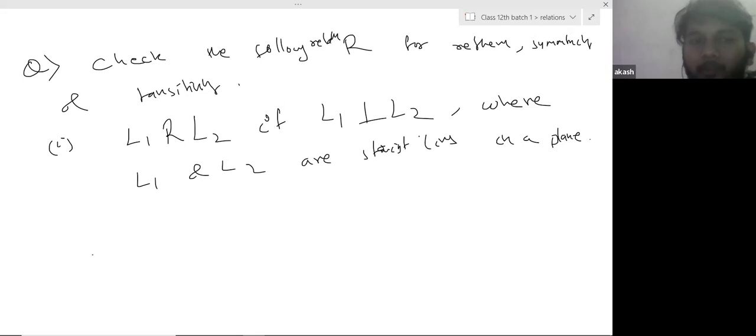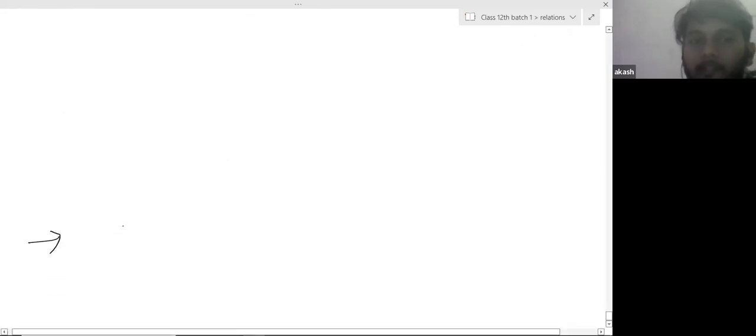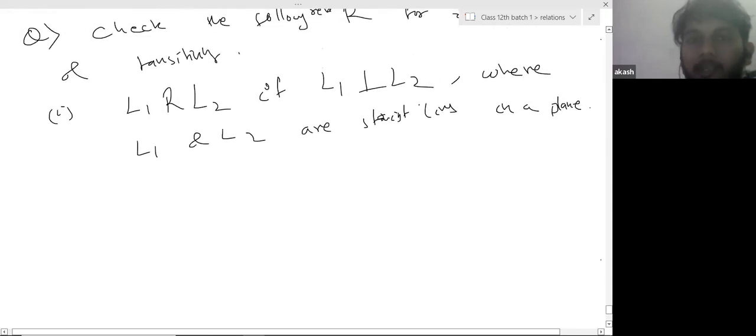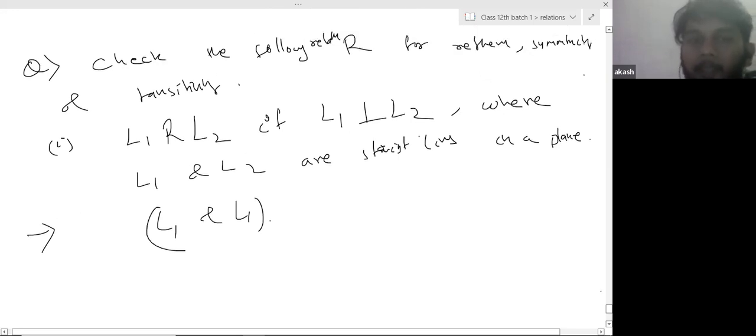Think about this. What does reflexive say? Reflexive says L1 and L1 must be related, every line must be related to itself.